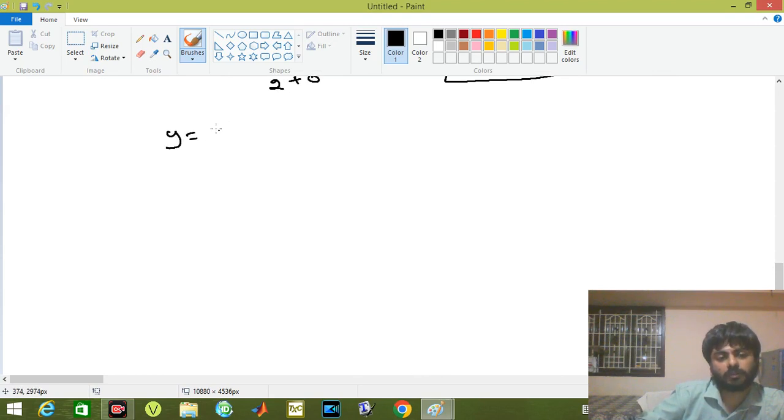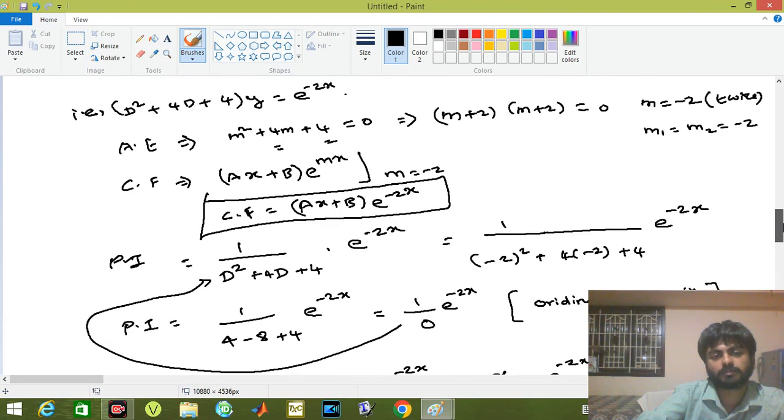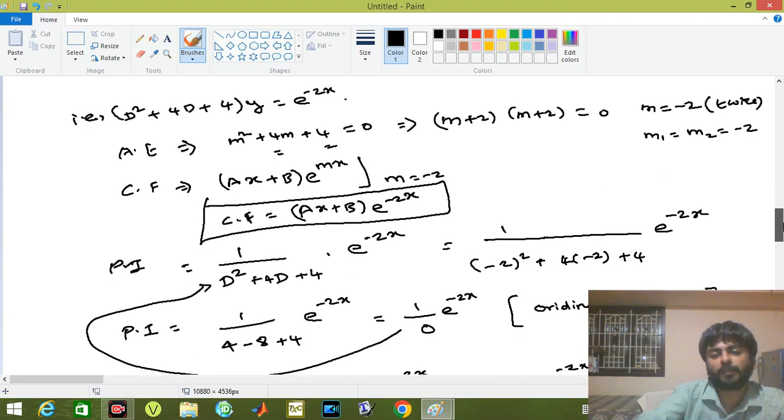Solution is y equal to CF plus PI. What is CF? We have obtained the equal roots with m equal to minus 2.